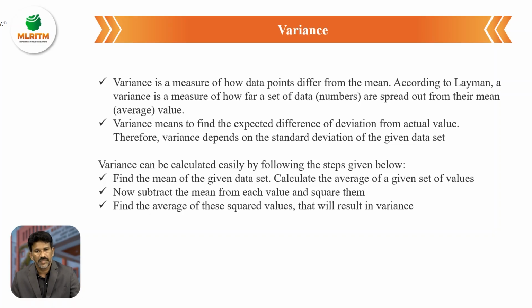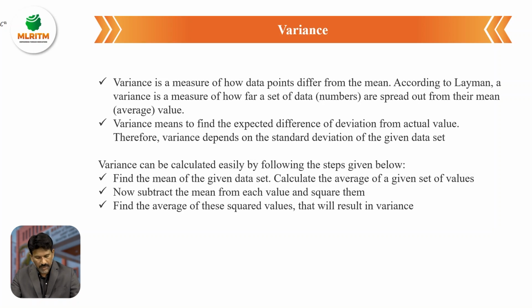Once you get the mean, then you go for the subtraction: from each value you subtract the mean. Then square each value, and find the average of the squared values.